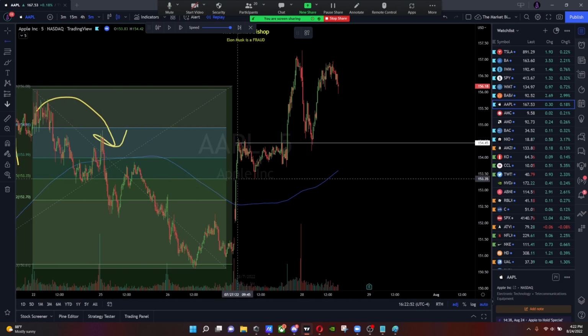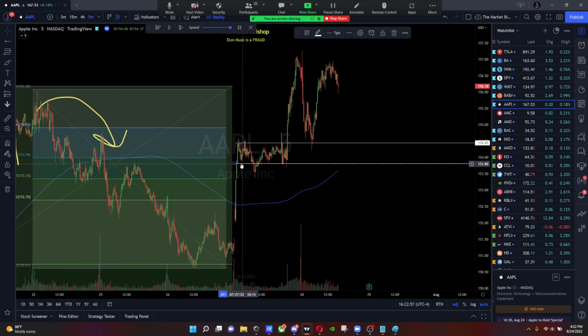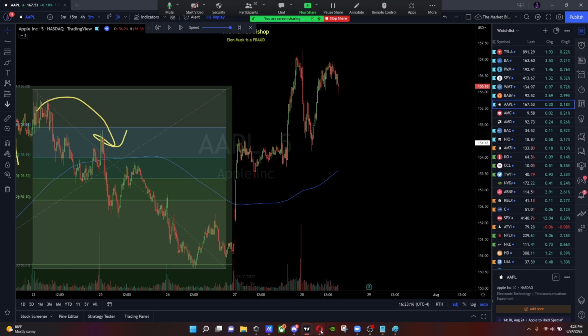I would be like, okay, if it breaks below right over here, that's when I exit my calls, right? So let's say I entered over here. If the stock broke below the level I had set, I would manually close all my orders, cancel all my orders, and then sell my position. That's basically how I do my stop losses.